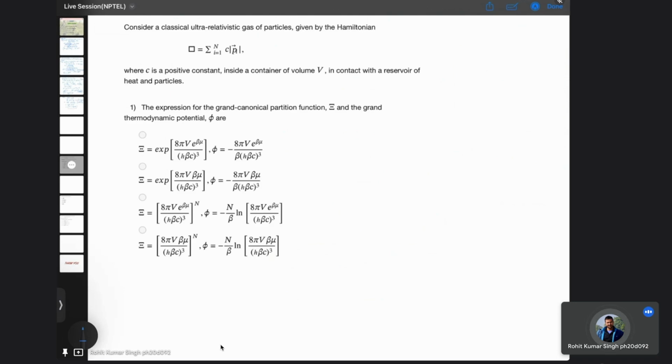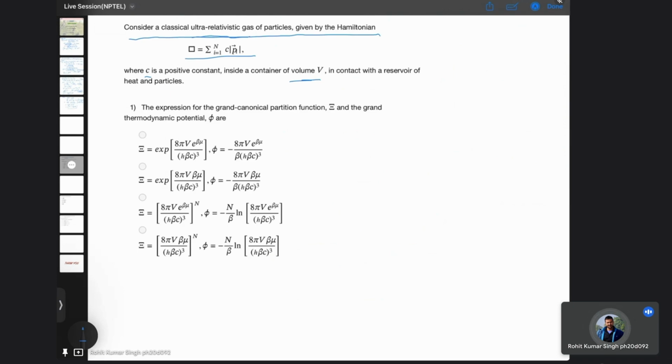The problem reads: consider a classical ultra relativistic gas of particles given by this Hamiltonian, where C is a constant, and this gas is contained inside a container of volume V. Since this is an ultra relativistic gas, particles can be created or destroyed, right?